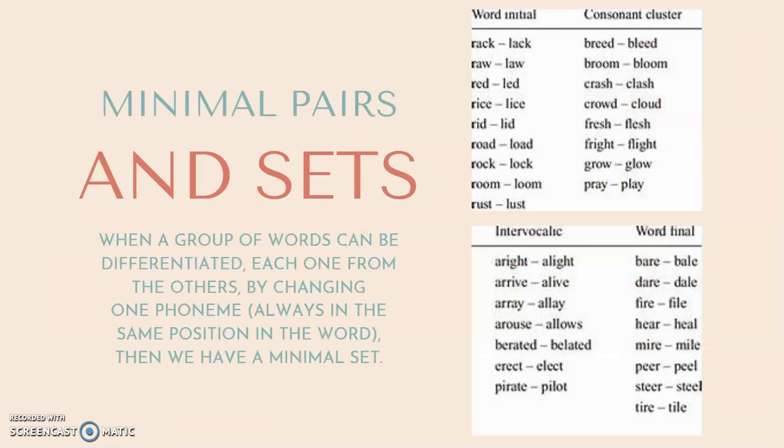Then we have minimal pairs and sets. This is when a group of words can be differentiated each one from the others by changing one phoneme, always in the same position in the word. That's important. Then we have a minimal set, such as rack and lack, row and low, red and lead, rise, lies, read, lead, road, load, rock, lock, room, loom, rust, lust.